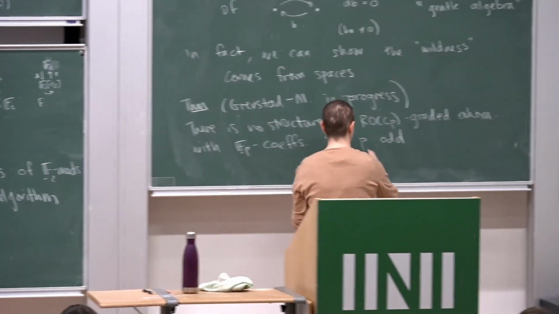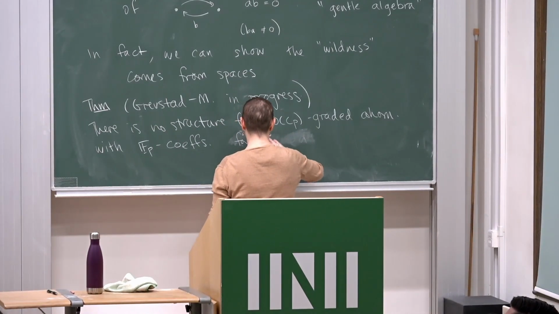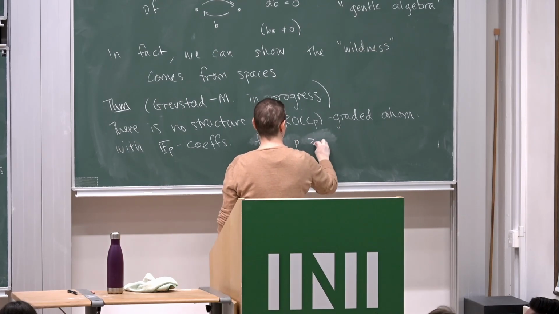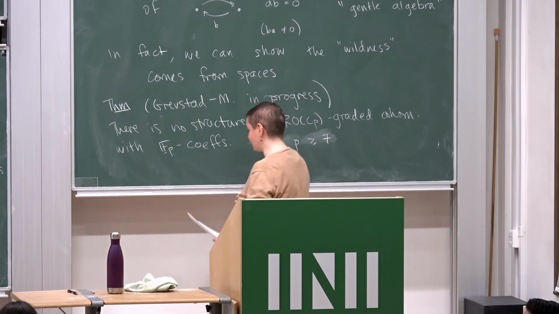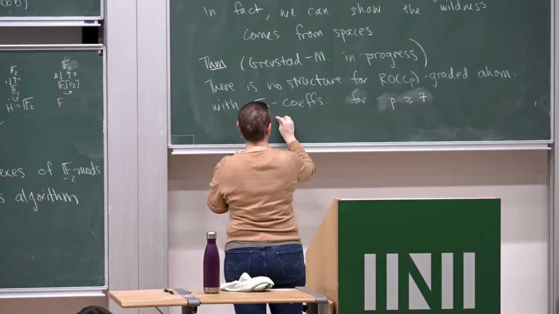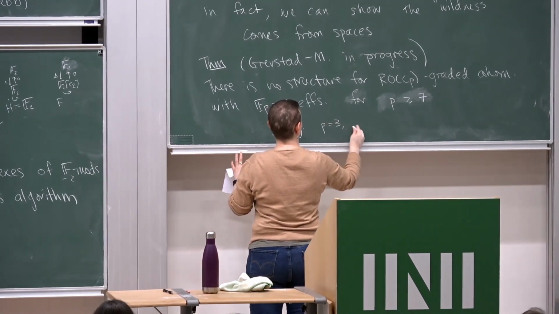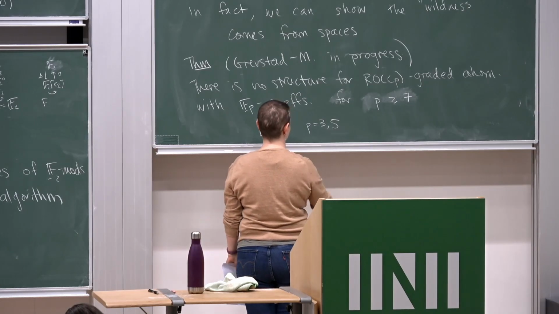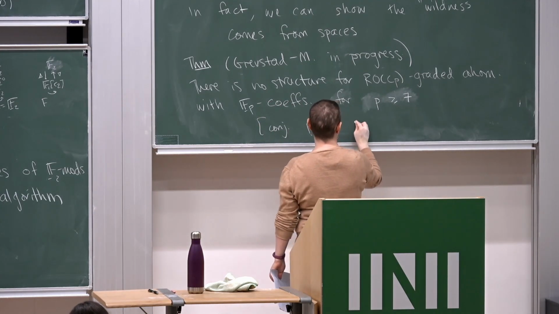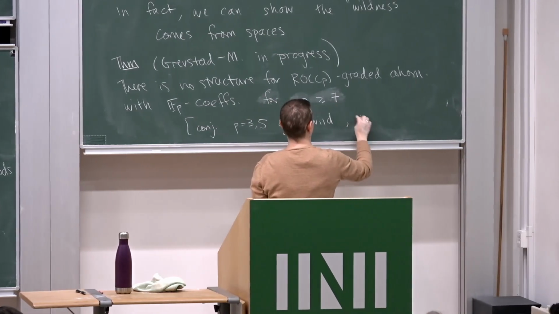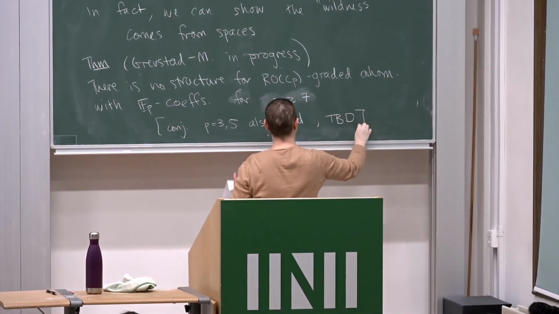And, oh, I don't really mean for p odd. I mean for p a prime greater than or equal to 7. And I conjecture that also when the prime is 3 or 5, you also get something wild. But that's TBD, to be determined.